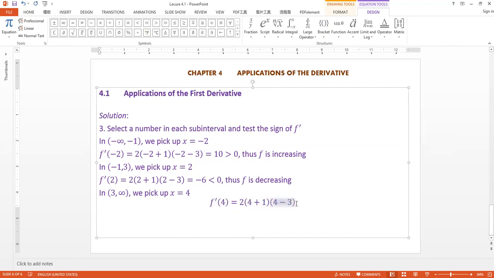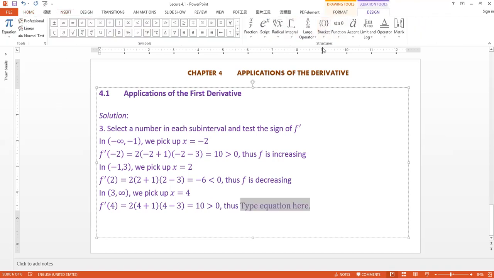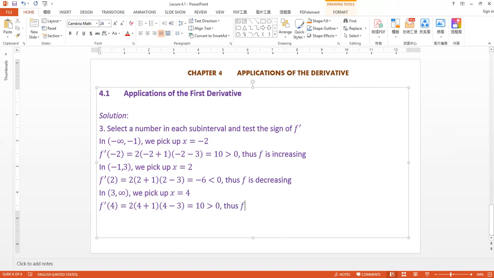So this time we get 4 plus 1 is 5, 4 minus 3 is 1, so 2 times 5 times 1, that would be positive 10. So it's positive again. Because the derivative is positive, in this case the function is increasing in this subinterval. So that's the third step.